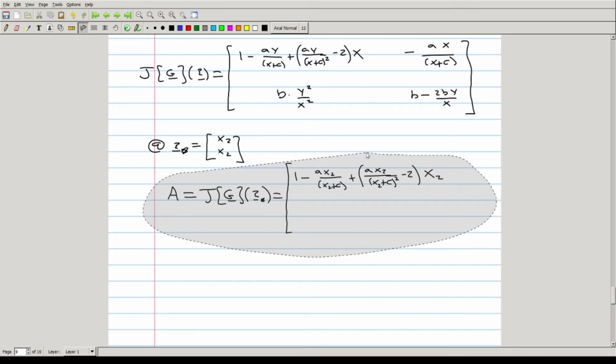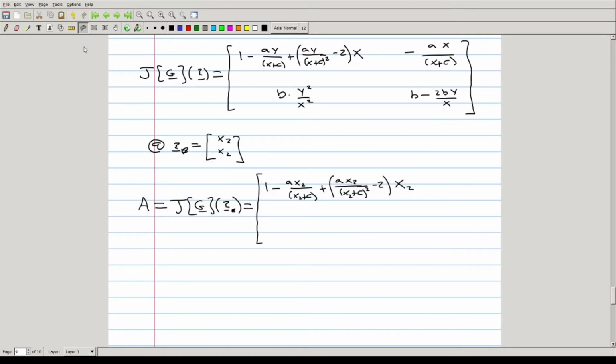The y partial derivative of g1 at x2 becomes negative ax2 over x2 plus c. And this term simplifies a lot because x equals x2, y equals x2, this is just 1.